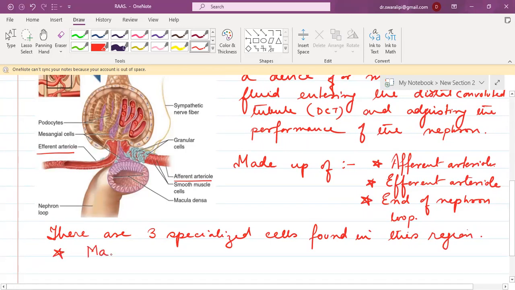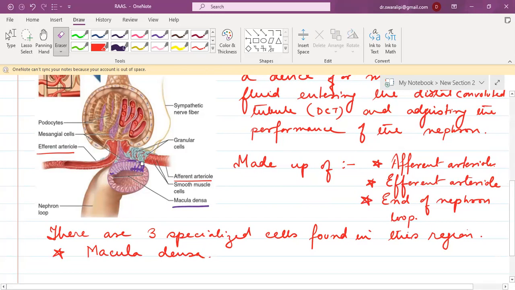Now in this picture, children, if you observe these cells over here, these cells are actually the macula densa. I've marked it over here, these particular cells are the macula densa.